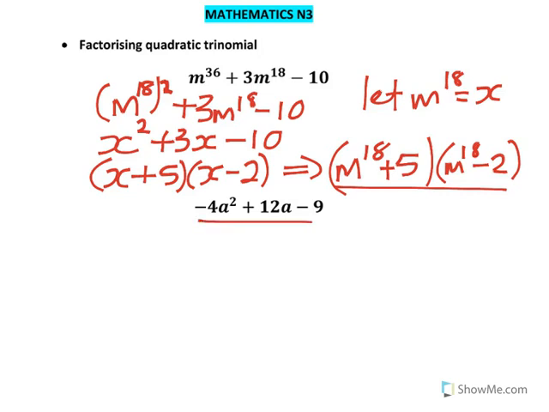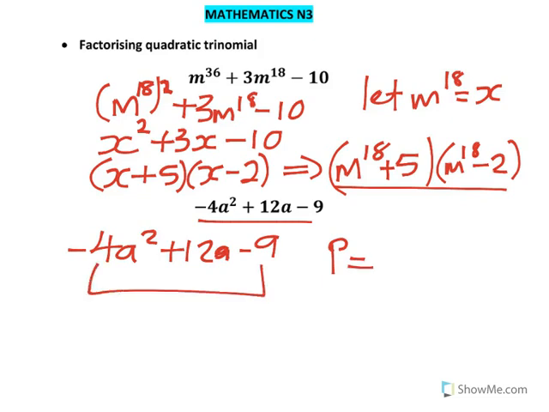Again, looking at the other problem here, it is minus 4a squared plus 12a minus 9. Here, the product of these two, minus 4 and 9, is plus 36. And the sum here is plus 12. So you're looking for the two numbers that multiply to give a positive 36 and sum to positive 12.